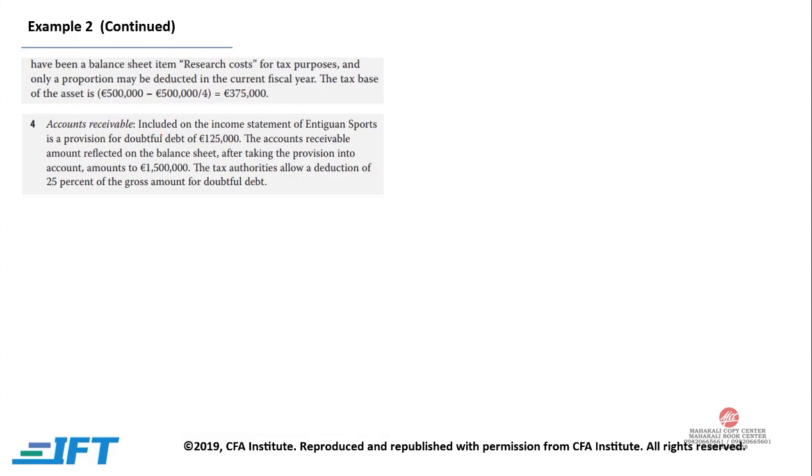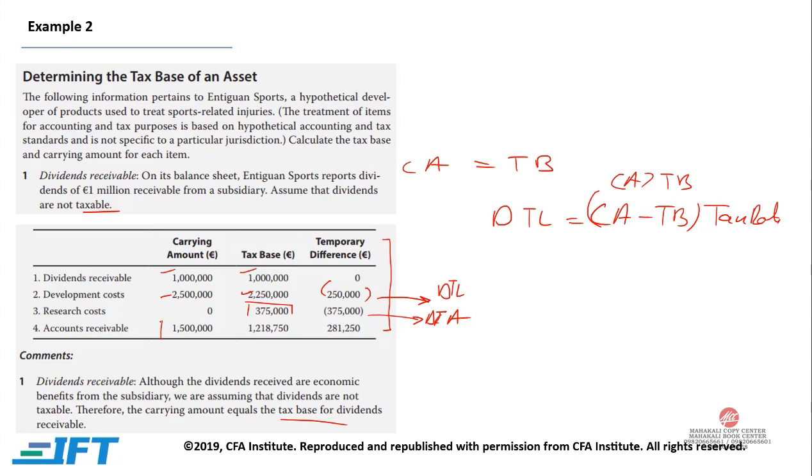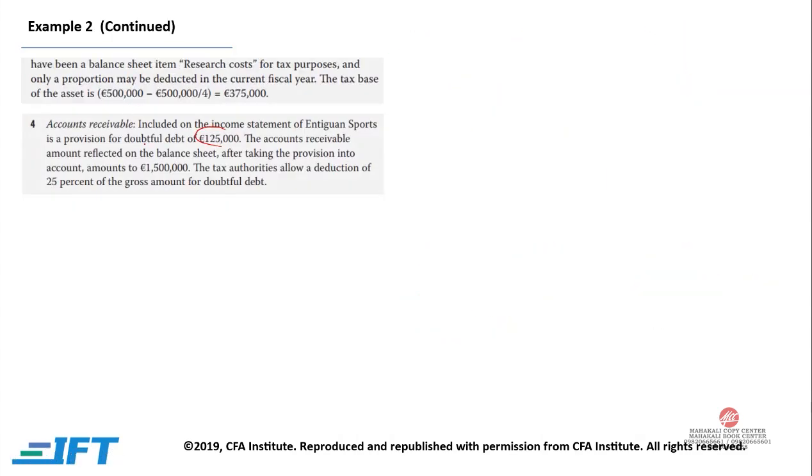Account receivable. Included on the income statement of Antiguan Sport is a provision for doubtful debt of 125,000. The account receivable amount reflected on the balance sheet after taking the provision into account amounts to 1.5 million. So the carrying amount is given to us as 1.5 million, and we also have a provision for doubtful debt. So your total account receivable would have been 1.5 million plus 125,000.